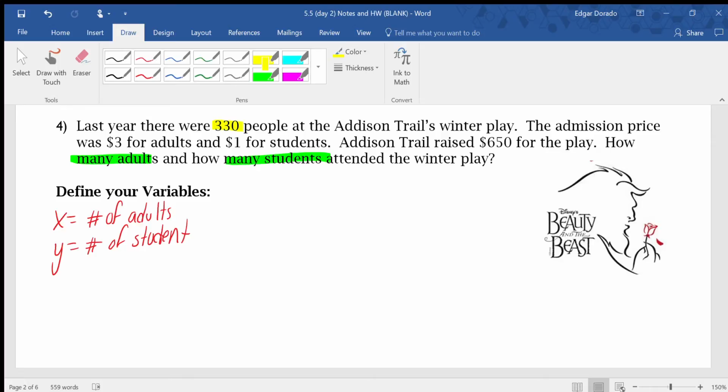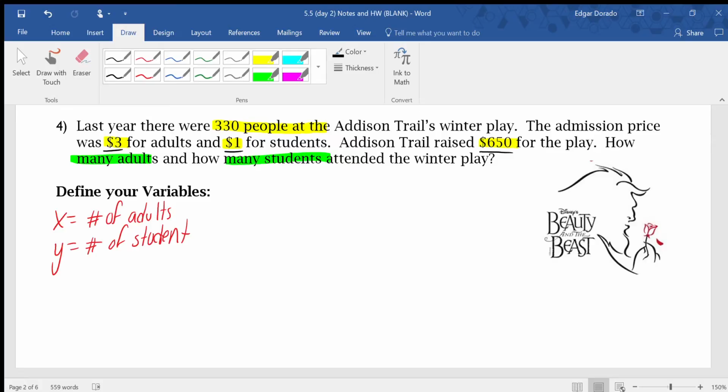The first number I have here is 330 people, then $3, $1, and $650, okay? As you guys can remember, we need at least 3 numbers to make up that equation. Which 3 out of the 4 have the same units? Well, I'm sure you guessed it. These 3 have the same units. They all talk about dollars.